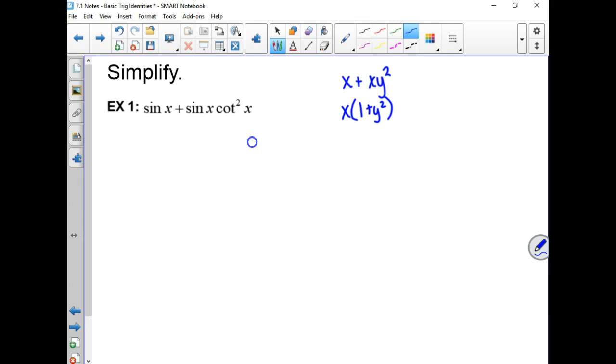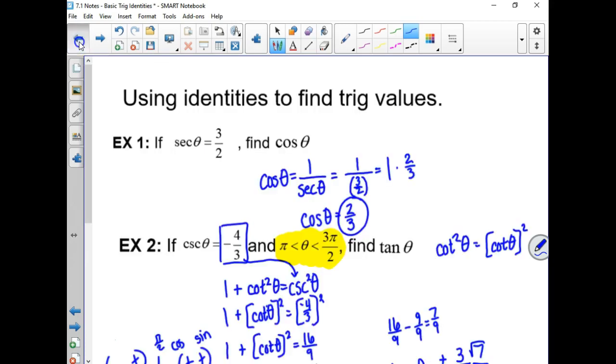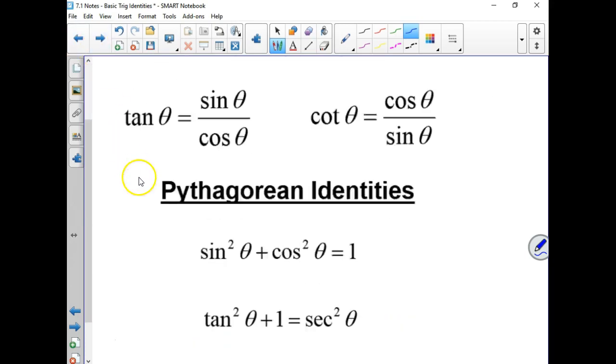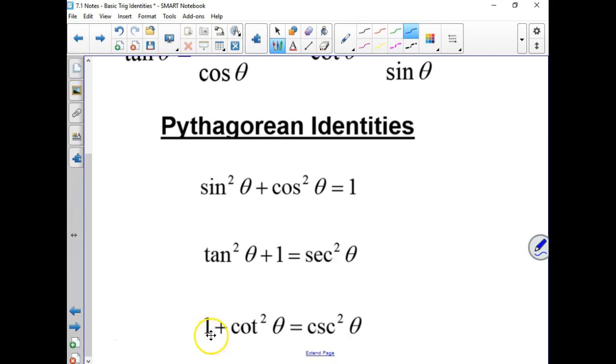So just in that manner, I'm going to factor out a sine x. If I do that, I'll have 1 plus cotangent squared x. Okay? 1 plus cotangent squared x here should sort of be jumping out at us. If we flip back to the Pythagorean identities, 1 plus cotangent squared theta equals cosecant squared theta.